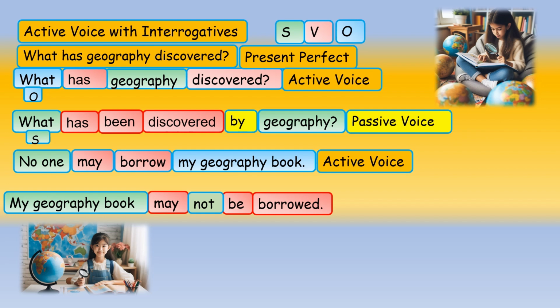So the sentence in itself is complete just to say my geography book may not be borrowed. So we leave that subject out here, which is going to be the agent if we were to add it there. So we finish here with the passive voice. No one may borrow my geography book, active. It becomes my geography book may not be borrowed, passive voice.